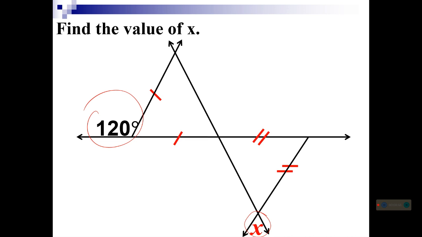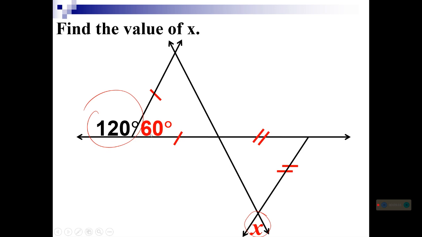It's so far. So what are you going to do? We are going to apply your knowledge in, yes, adjacent angles. So we have here the linear pair. If we have here 120 degrees, this angle is equal to 60 degrees, because 120 plus 60 is 180. That's correct.